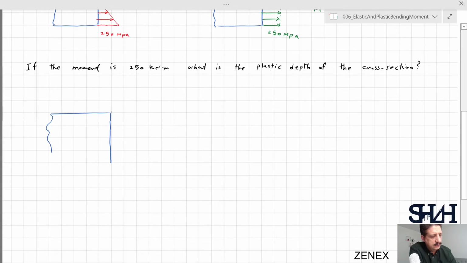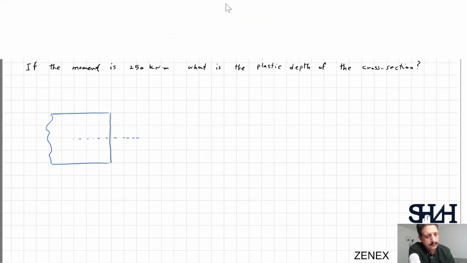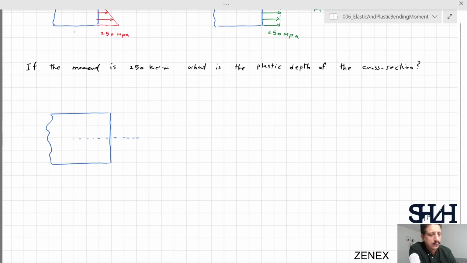You can easily sketch the cross section, and we don't know what is the height of plastic behavior. You can assume something like y, and also in the other direction the same, and the rest is elastic.